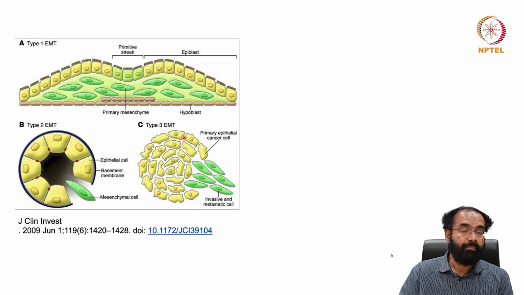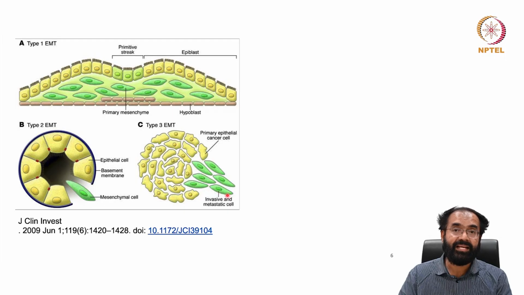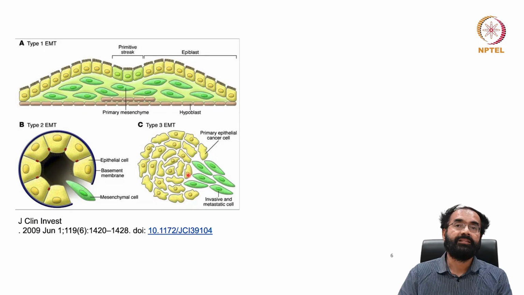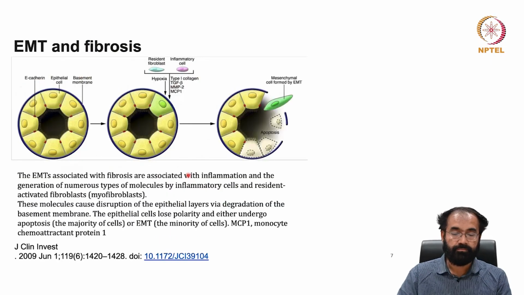Type 3, mainly during cancer, you can see there is a tumor or a mass of tissue here, and some of the cells are now becoming mesenchyme. Now it is migrating away from this cancer tissue through the bloodstream to a target organ. So these are the three events depicted in this picture.